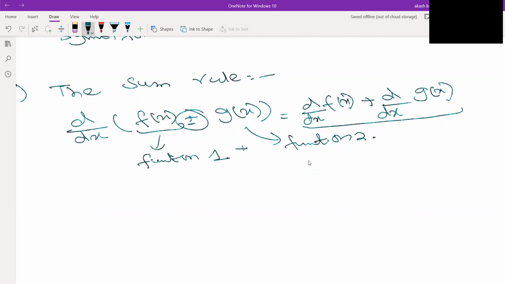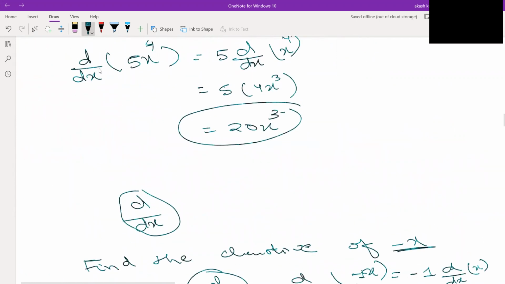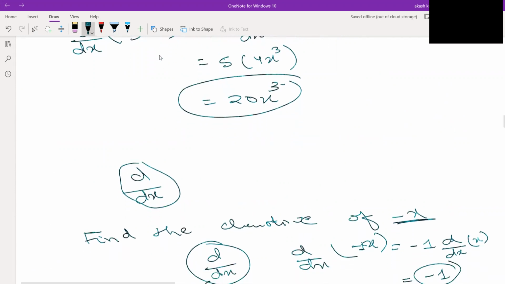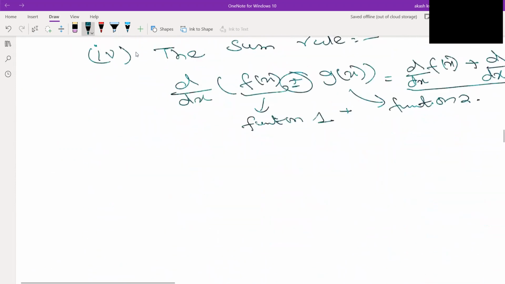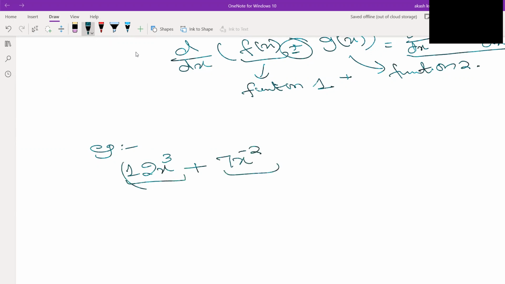Yes. So far we were studying one function, like 5x to the power of 4. If we add 2x cubed to the 5x to the power of 4, then there will be two functions, right? Yeah. So if we have 12x cubed plus 7x minus 2, these are functions, and someone asks us to find their derivative.